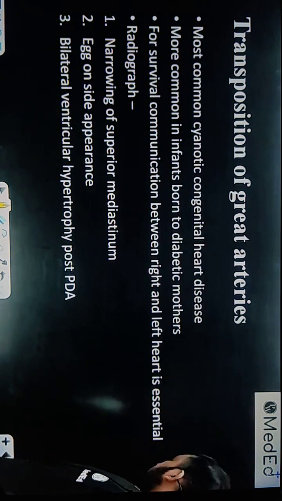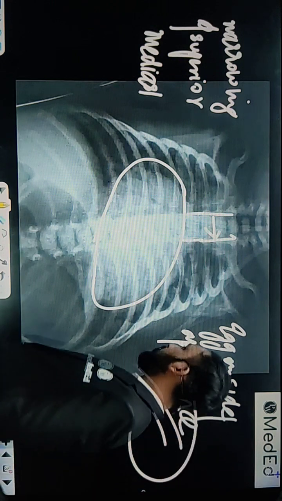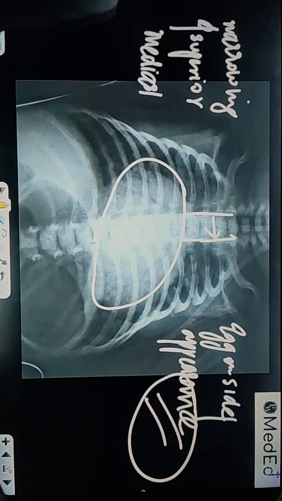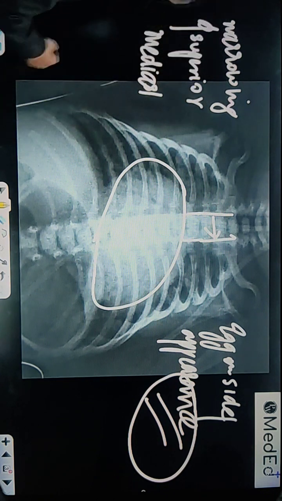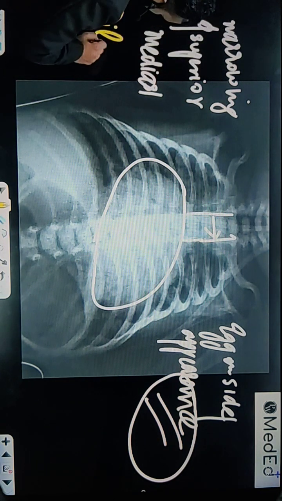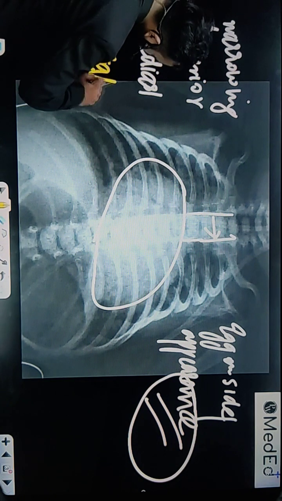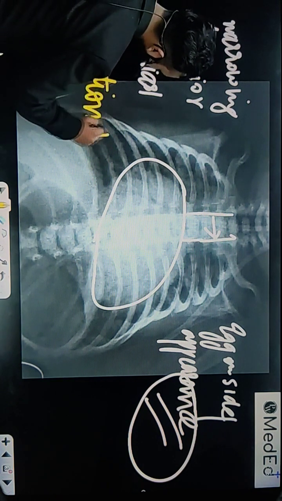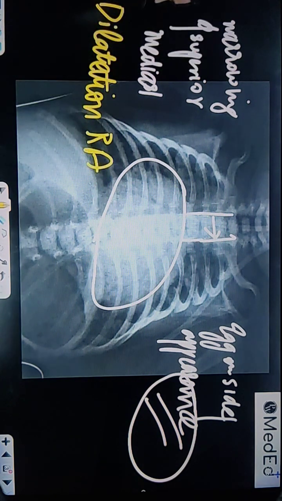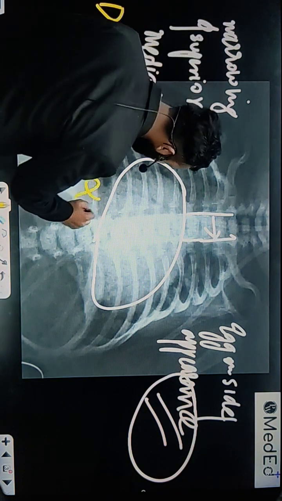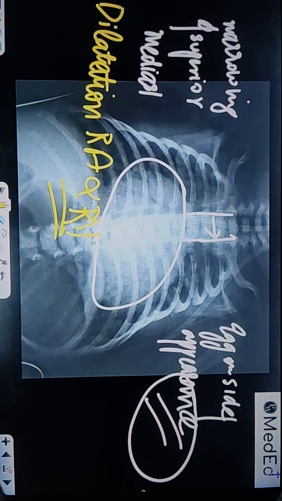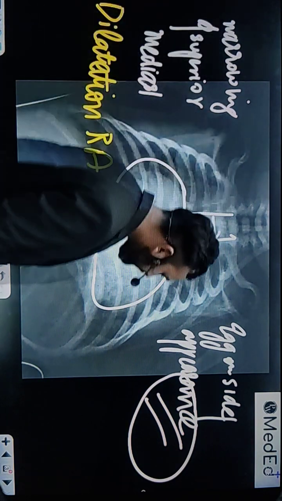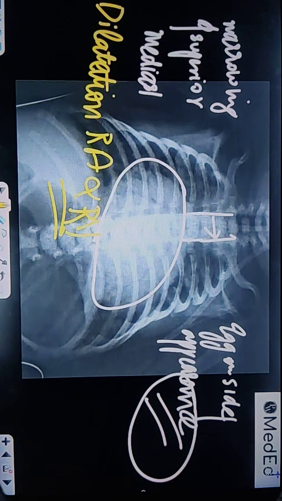And one more point that you should be aware of is that you will also see dilatation of the right atrium and right ventricle in these patients. Why?